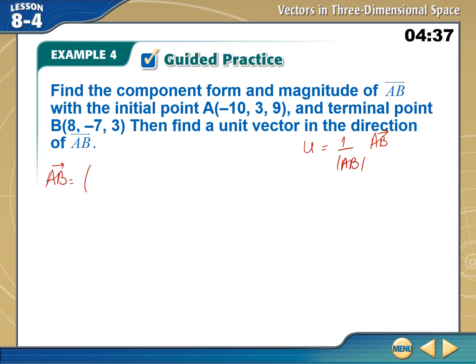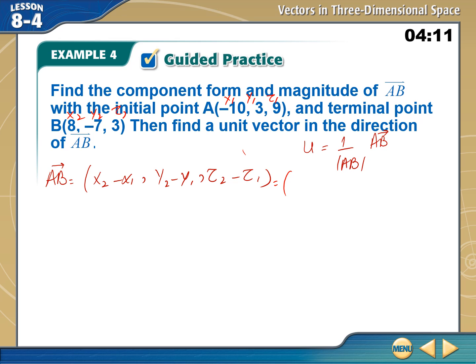The formula is x2 minus x1, y2 minus y1 and z2 minus z1. Now name the coordinates of point A as x1, y1 and z1, and the coordinates of point B as x2, y2 and z2. Now put them in the formula.